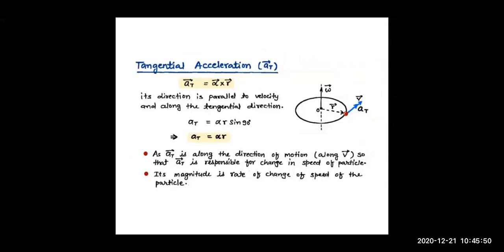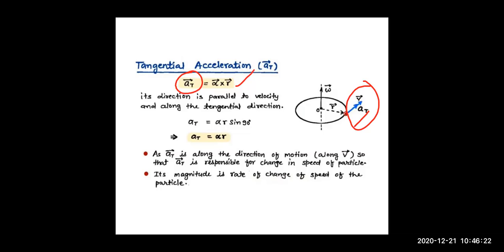Now let's see about the tangential acceleration. So children, tangential acceleration, as we know, is denoted by the symbol vector AT, which equals alpha cross r. Now children, its direction will be parallel to velocity. Its direction is along the velocity component, right? Its direction is along the tangent.